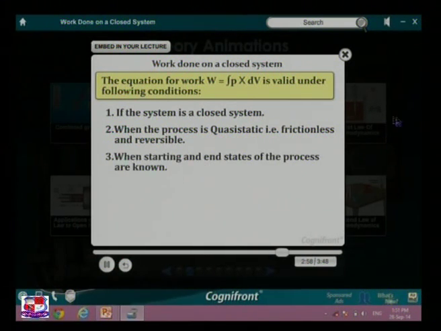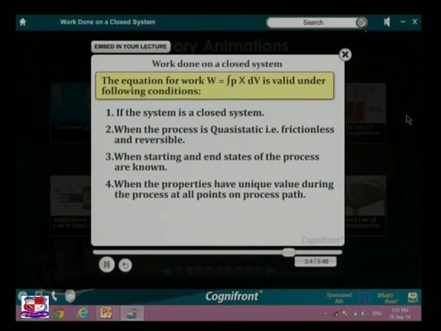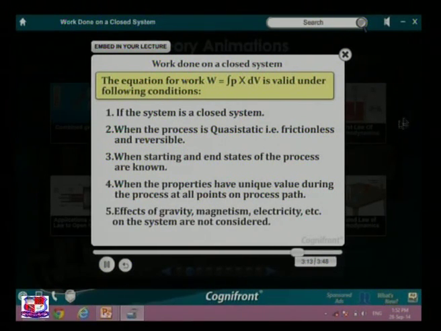When starting and end states of the process are known. 4. When the properties have unique value during the process at all points on process path. 5. Effects of gravity, magnetism, electricity, etc. on the system are not considered. And 6. There is no effect of viscosity on the system.